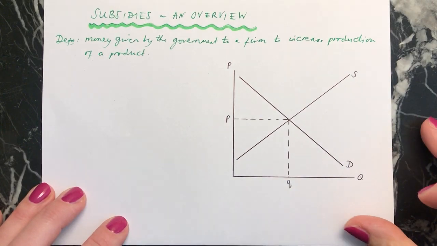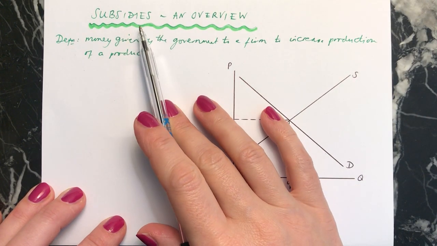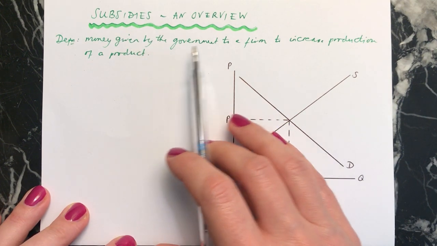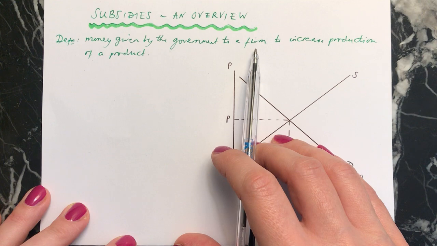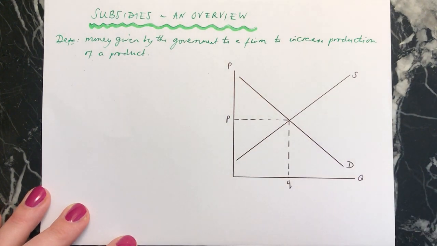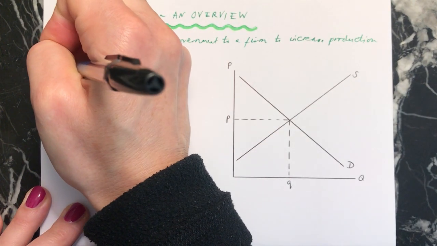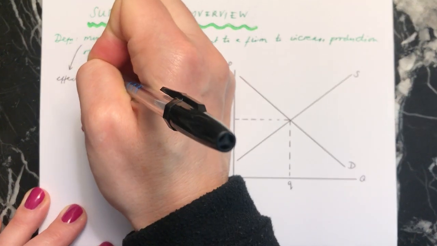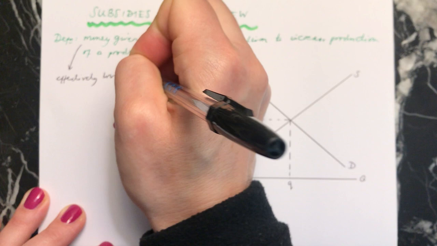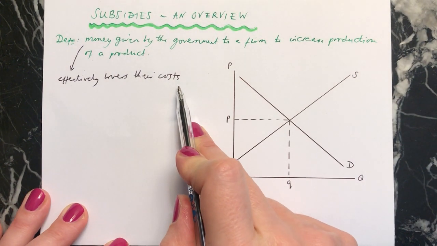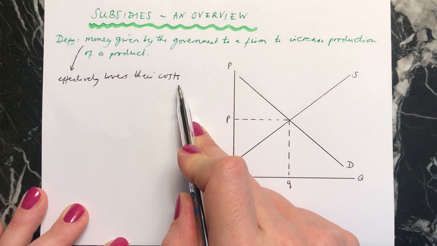Hi everybody. In this video we're going to be looking at subsidies. A subsidy is when money is given by the government to a firm, and the purpose of this is to increase production of a certain product. What happens when they receive the money is that it effectively lowers their costs, because some of the costs are now being paid by the government.